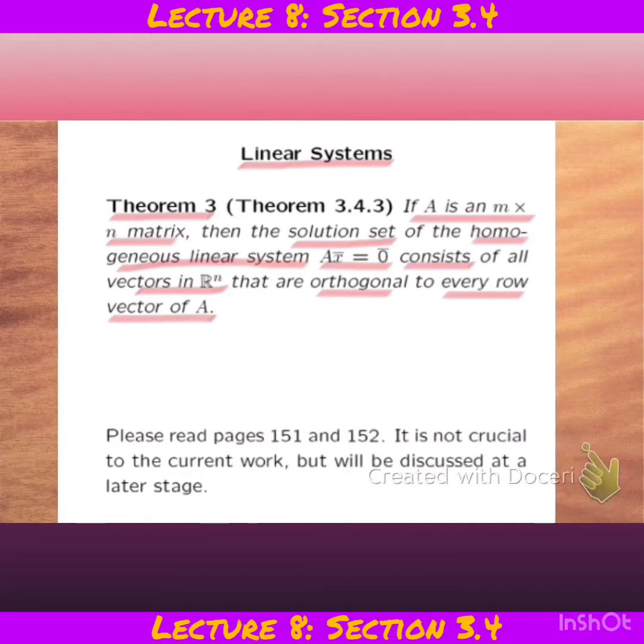Now, to see this, if you look at this matrix A, it's an m by n matrix. It's got m rows and n columns.